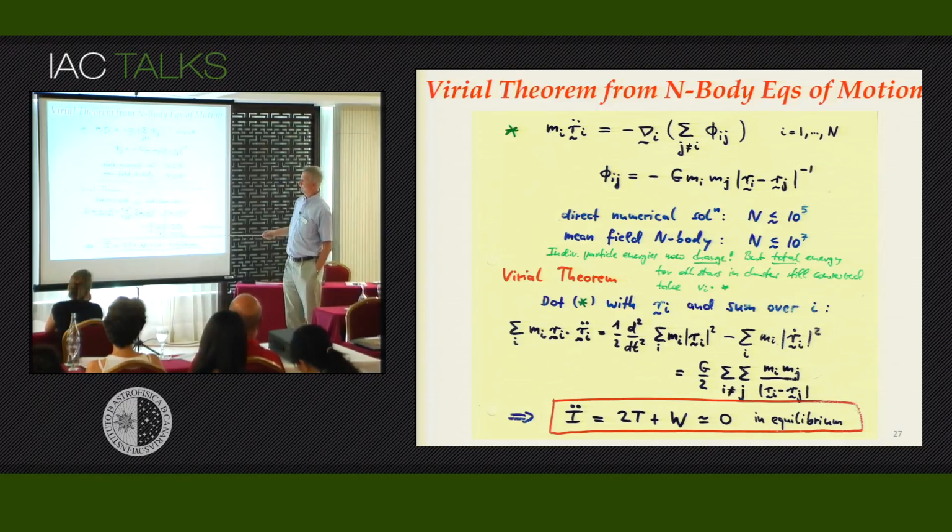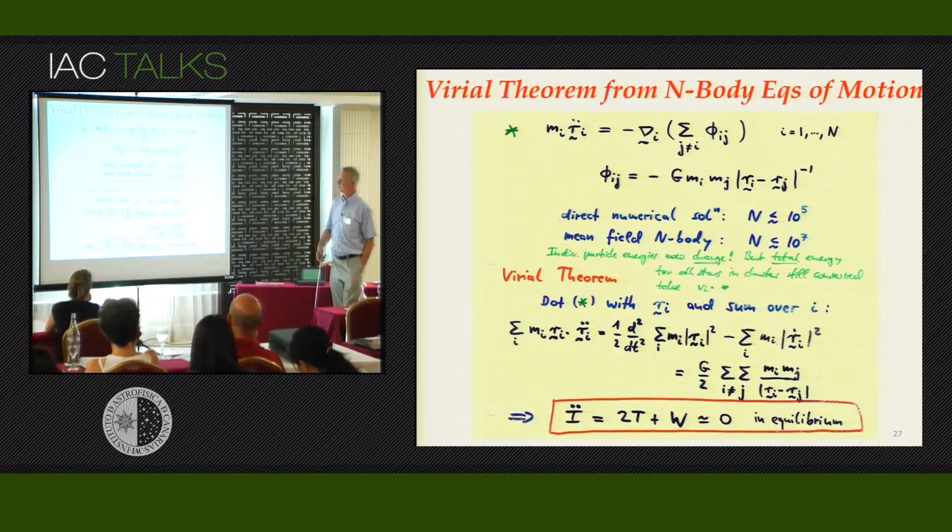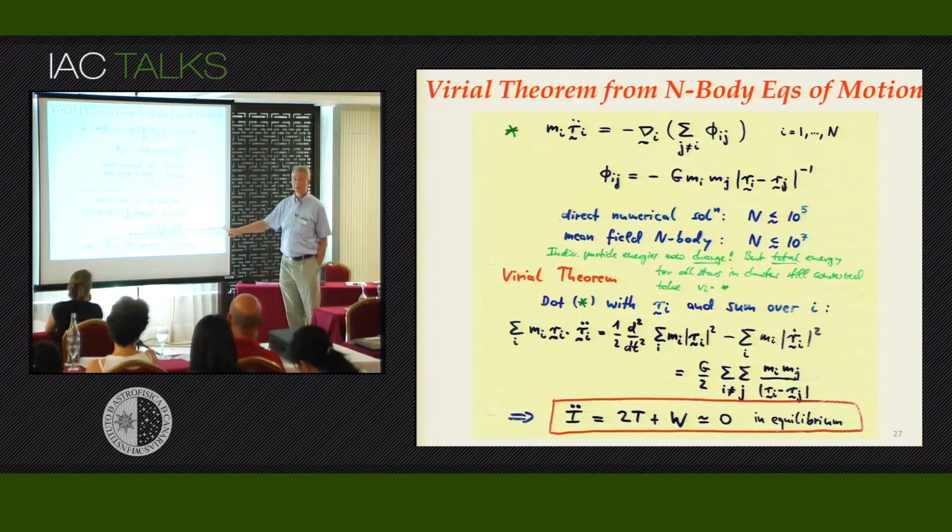And so if you then suppose that you reach an equilibrium, then this I double-dot term will be 0, and therefore in equilibrium, I will have a relation between the kinetic energy and the potential energy of the system. And that can actually be generalized to the so-called tensor virial theorem, as we'll see later.